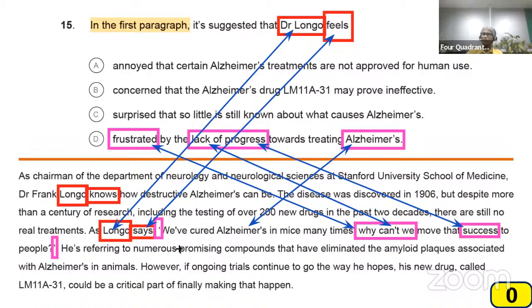Longo says, we have cured Alzheimer's in mice many times, but why are we not able to succeed? Why are we failing to get this result in human beings? He is becoming helpless, and in that helplessness, multiple times he failed to find out the reason and he is getting frustrated. That's the point.